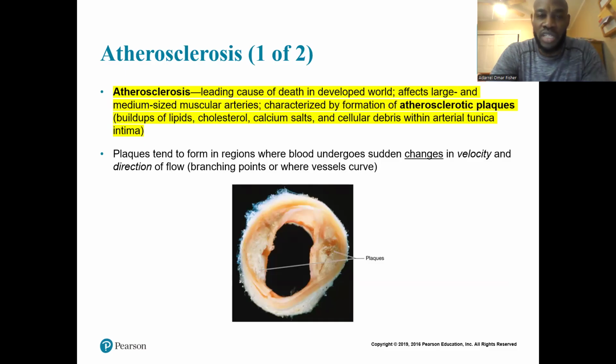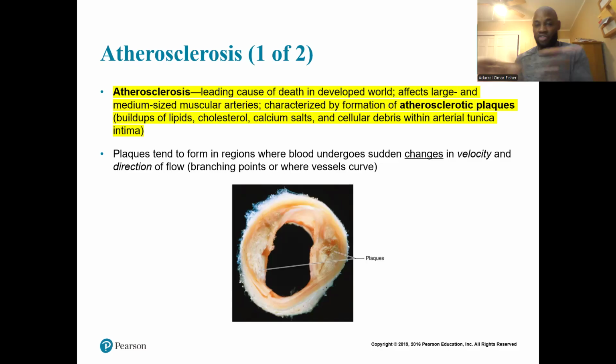Atherosclerosis, you may have heard of this, is a leading cause of death. Basically, plaque buildup, which builds up resistance in the arteries. Blood undergoes changes in velocity and flow. So you have this buildup of plaque in your arteries.